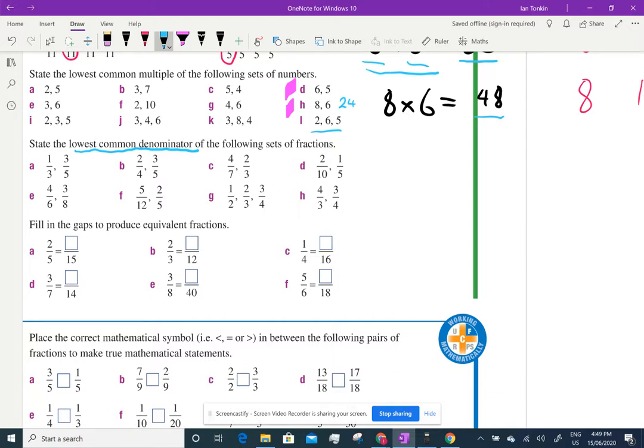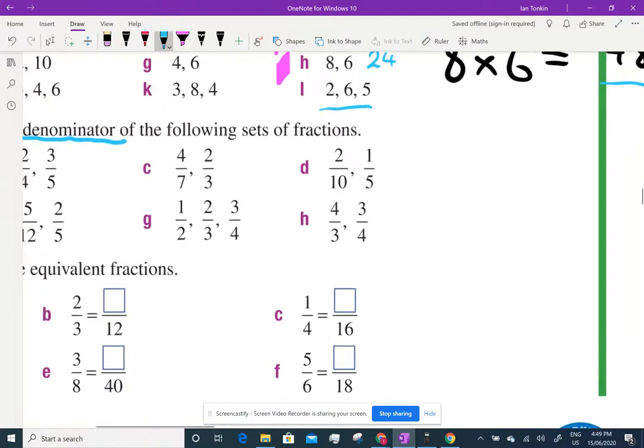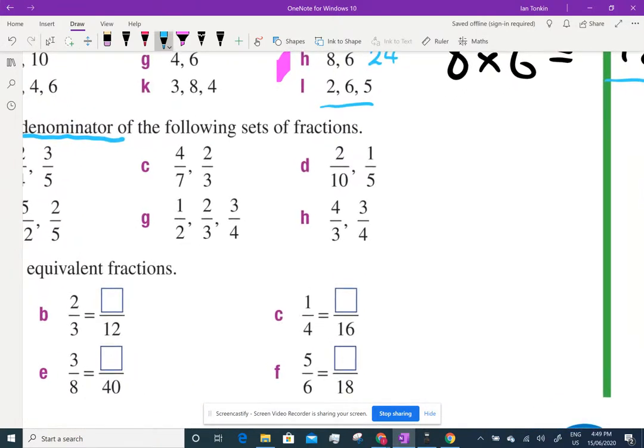So if I'm looking for the lowest common denominator, say here in C, the lowest number that both 7 and 3 will go into, I just ignore the top and look at the two numbers on the bottom. And again, I'm looking for the lowest common multiple.